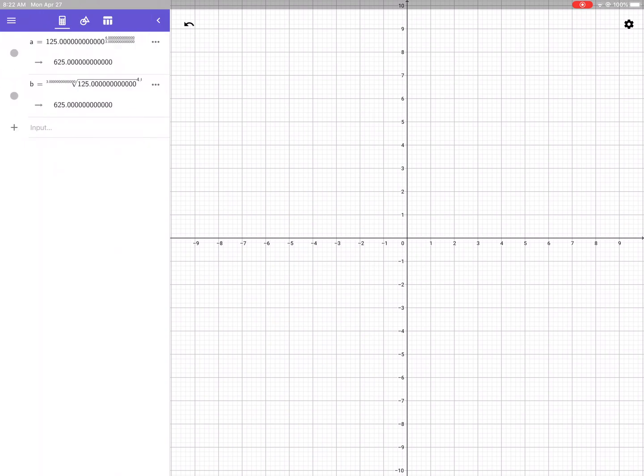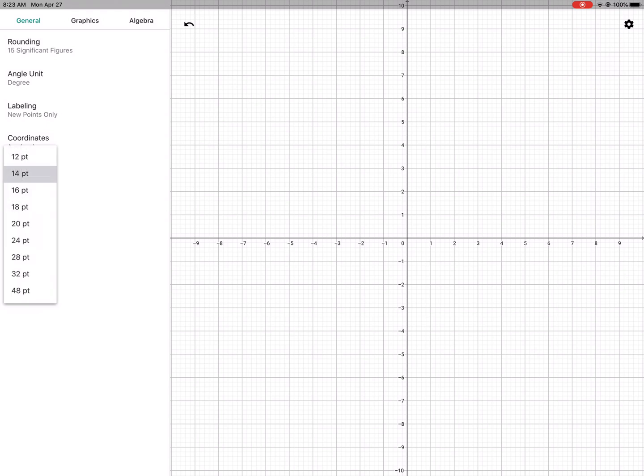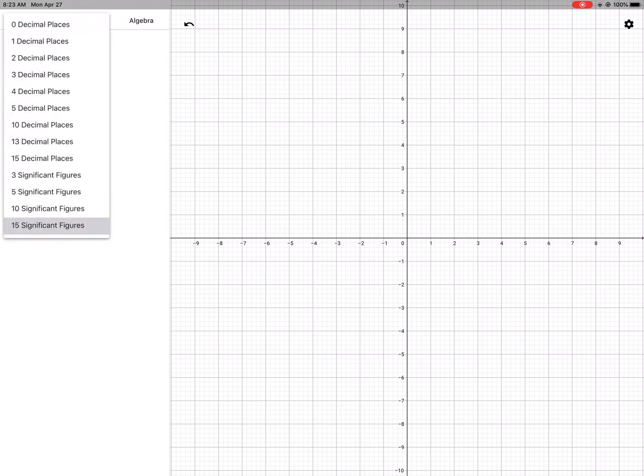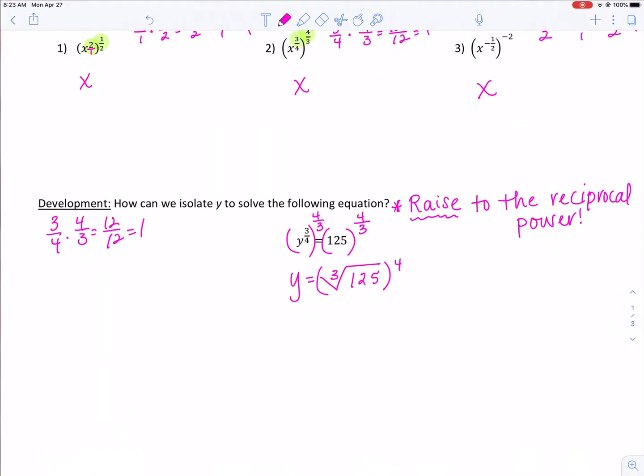I don't know why I have crazy decimal places there. That must have been just a weird GeoGebra thing. But your answer should be 625. You could plug it back in to check, but it's not asking you to, so you don't have to.